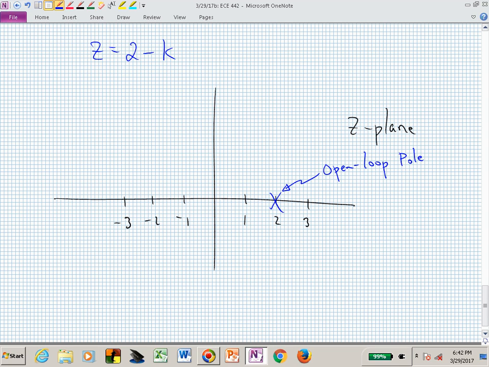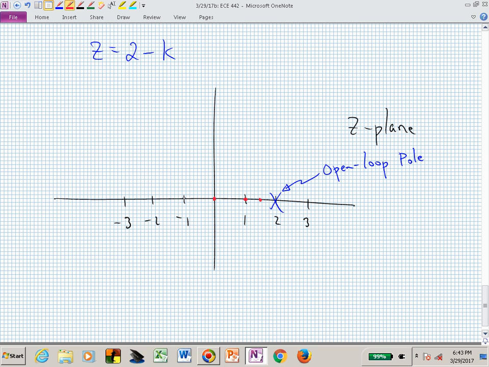But do you see what's going to happen as we apply bigger and bigger values of k? If we increase k from 0, what's going to happen to the value of z? Suppose I plug k equal to 1 into that expression. That's governing our dynamics. What happens when I plug in k equal to 1/2? You see that I'm now right here if k is 1/2. If k is 1, I'm right there. If k is 2, I'm right there.